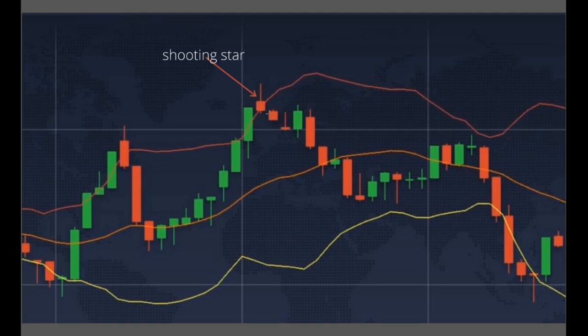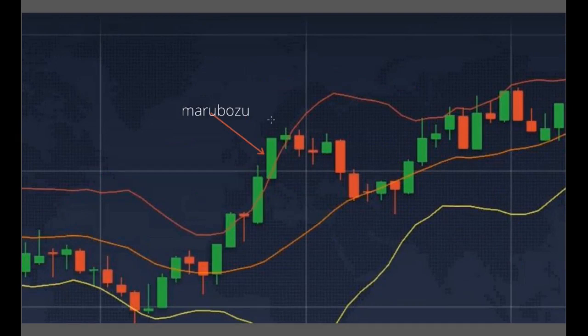The body is facing the new trend, and the wick is facing the old trend. So the shooting star happens only in an uptrend. This is the shooting star, a very, very strong reversal candlestick.